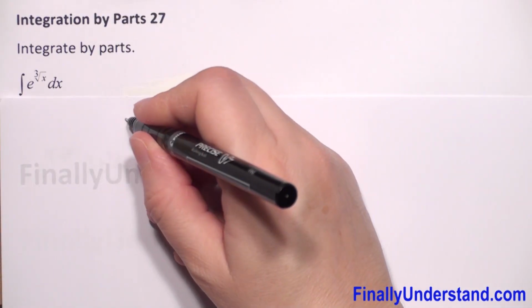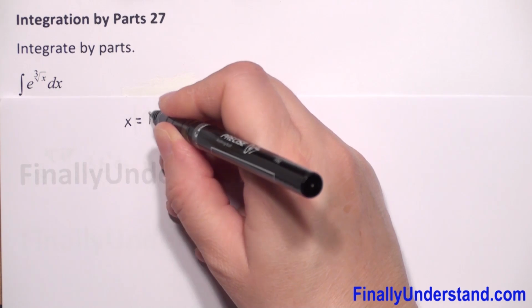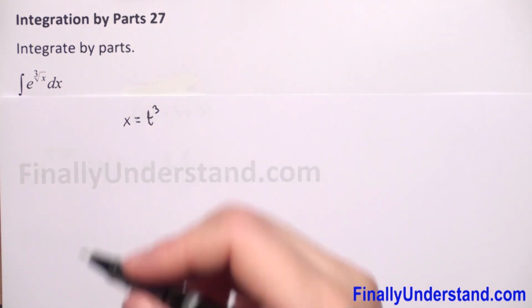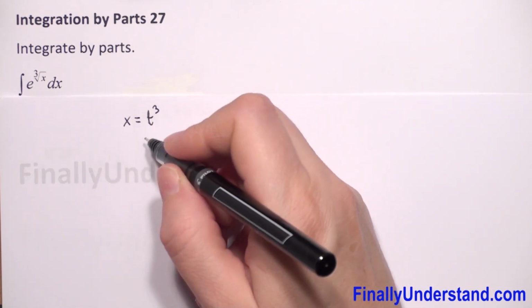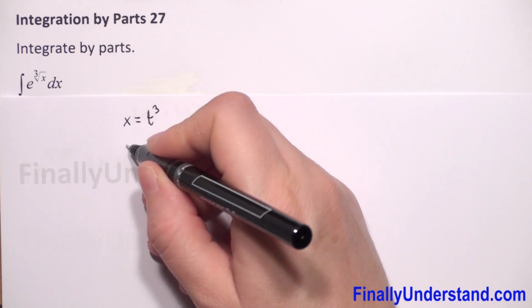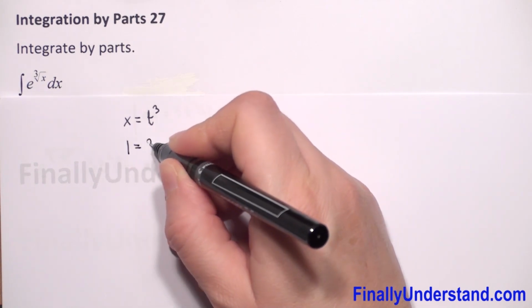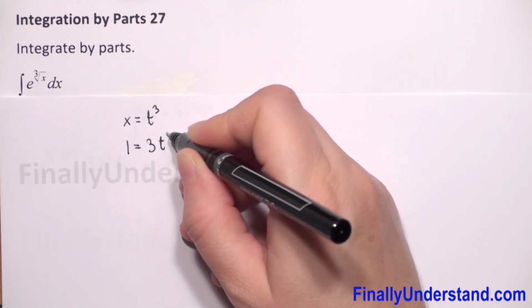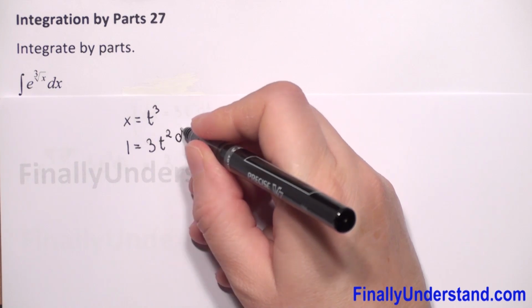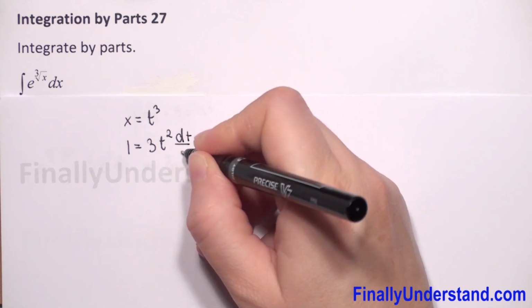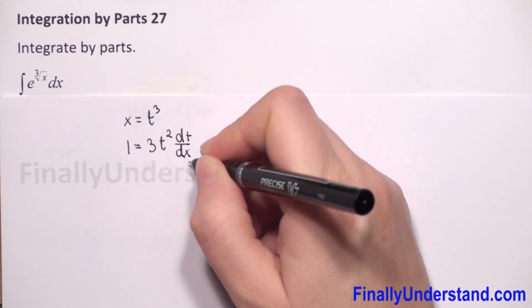To solve this problem, first we will use the substitution method. Let me put that x is equal to t cube. So now we have to find the derivative of both sides of our equation. So we have 1 is equal to 3t square dt dx.